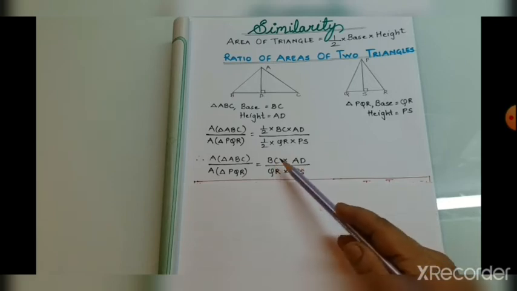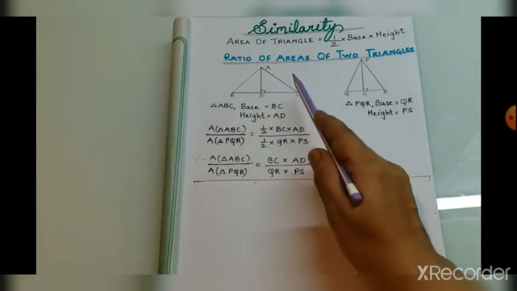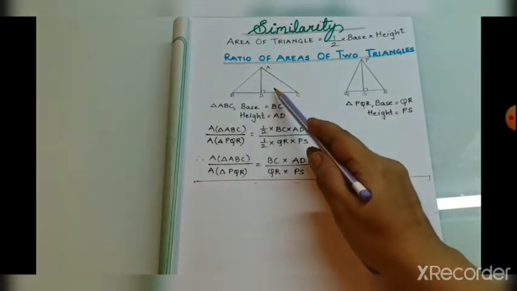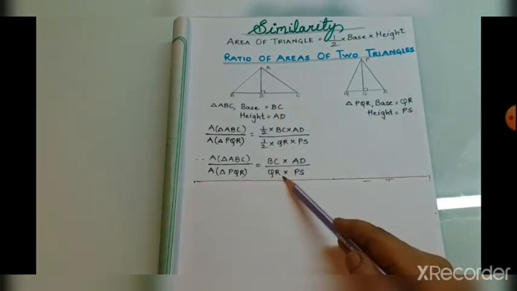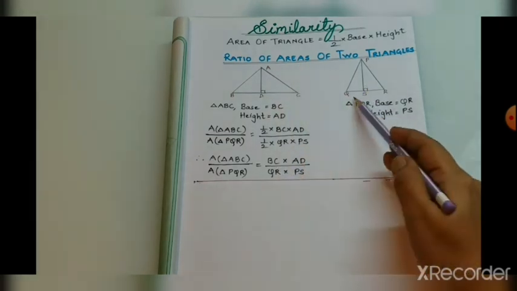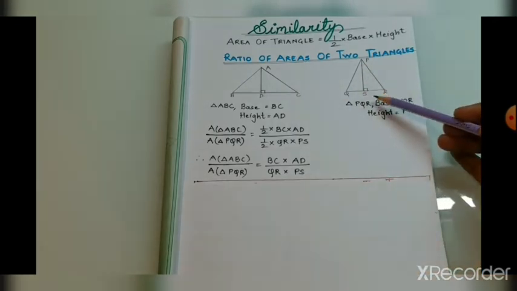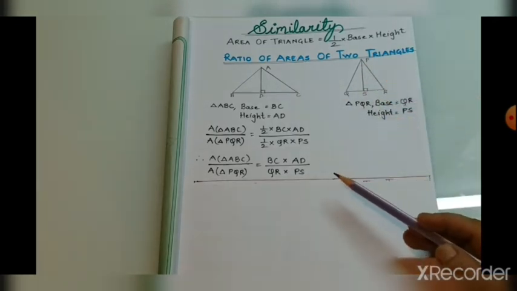Now what is BC? BC is the base of the first triangle and AD is the height of the first triangle. And here QR is the base of the second triangle and PS is the height of the second triangle.